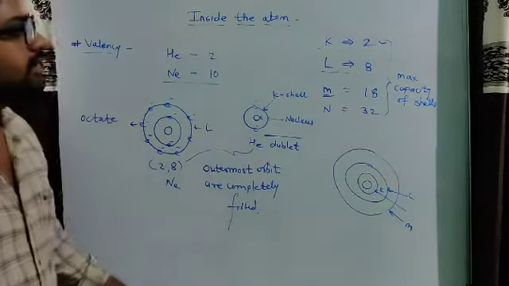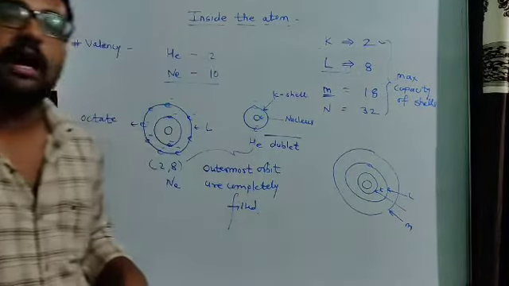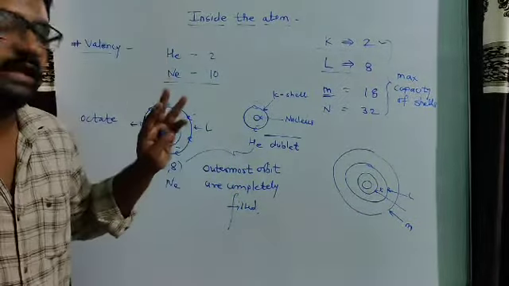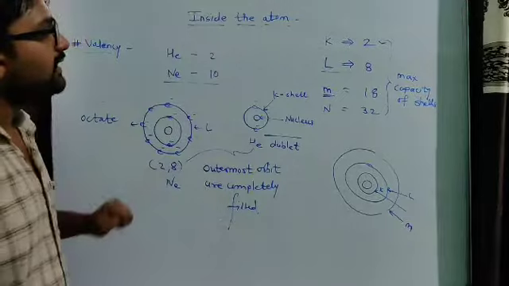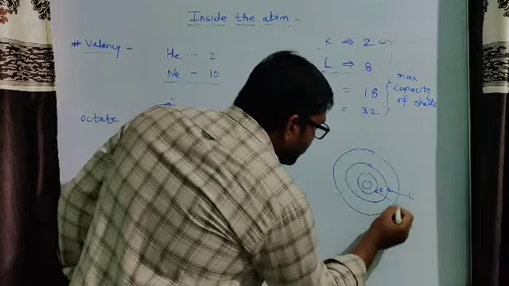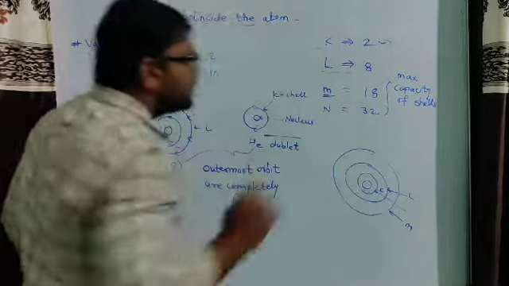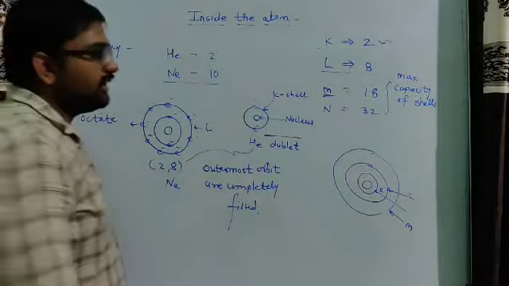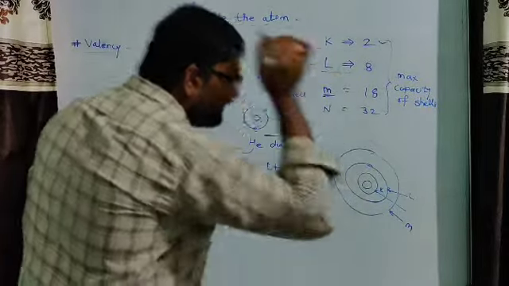If some element has the M shell as its outermost shell, outermost shell meaning the last shell from the nucleus, and if 18 electrons are present in it, because the maximum capacity of the M shell is 18 electrons.